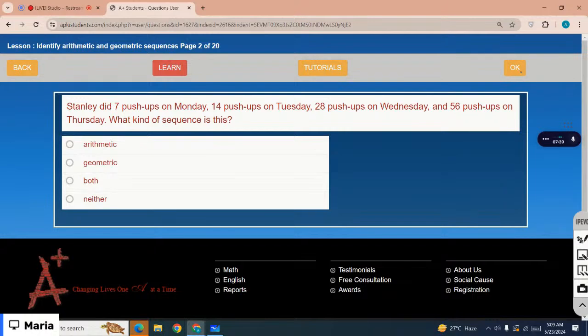What kind of sequence is this? The numbers involved in the sequence are 7, 14, 28, and 56, right? So 7 times 2 is 14, 14 times 2 is 28, and 28 times 2 is 56. For this sequence, the multiplier is common, right? That means this is a geometric sequence. The correct option is geometric sequence.